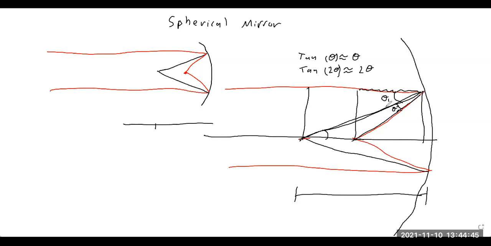So what that adds up to is the distance to the focus is the radius of curvature divided by 2. And we will be using this even though it's not perfect.